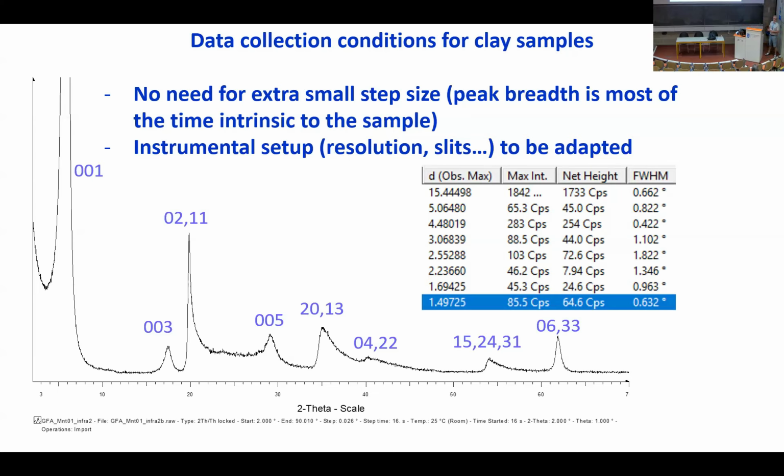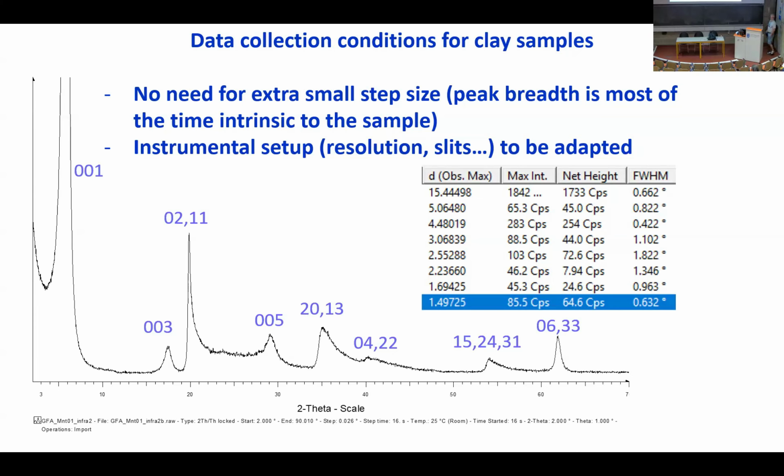If in addition to that you have quartz crystals, this may change. Because in this case, depending on slits opening, you will have peaks that will be 0.2 degrees wide or 0.15 degrees wide. In this case, if what you are interested in is getting relative proportions, for example, of both, it may be interesting to decrease step size to be able to record good data even for the best crystalline mineral in your mixture.